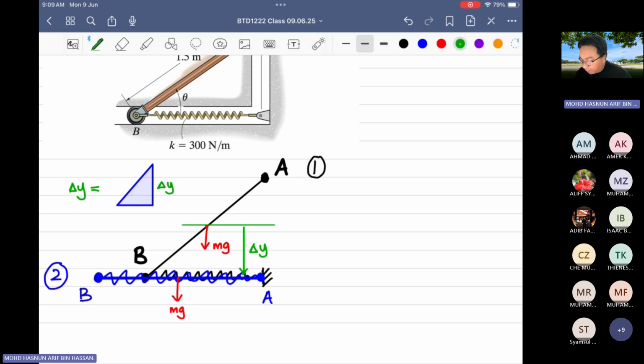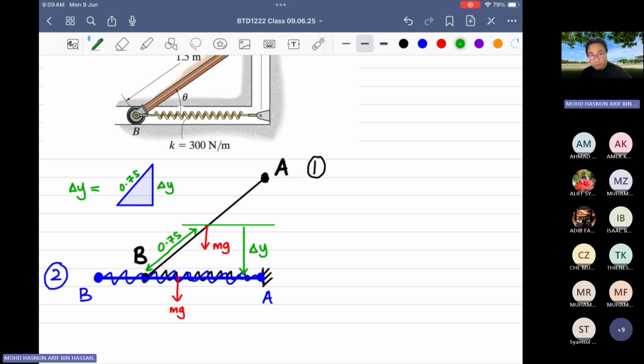Do we have the length of the hypotenuse? What is the length of the hypotenuse? 0.75, because the total length of the rod is 1.5. So from B to point G is 0.75, and so this hypotenuse is 0.75.